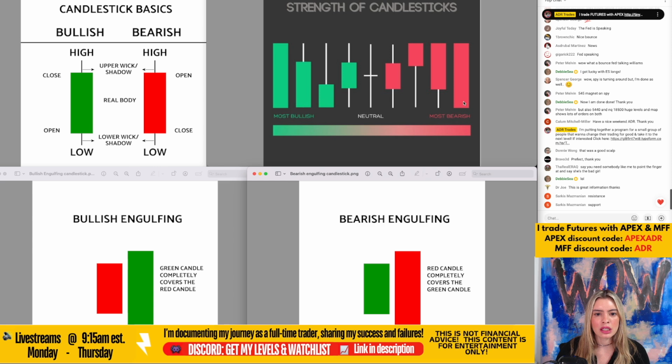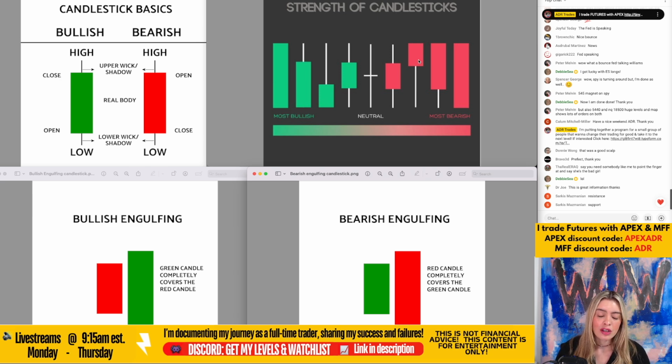A big red candlestick means the sellers are stronger than the buyers, and you have a very strong bearish move. Same thing here, but with the bullish. And the smaller the body, the more indecision. If it is a small red body, sellers are kind of losing steam, losing power.